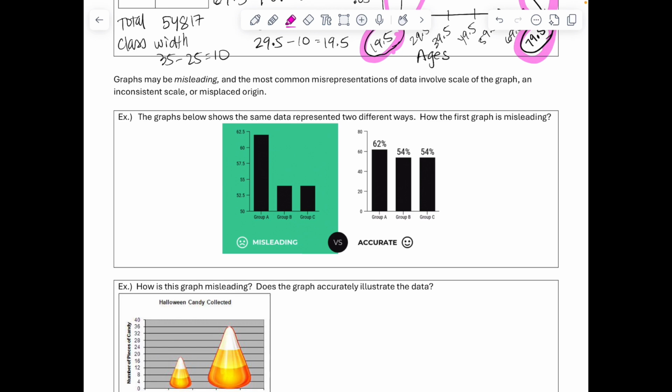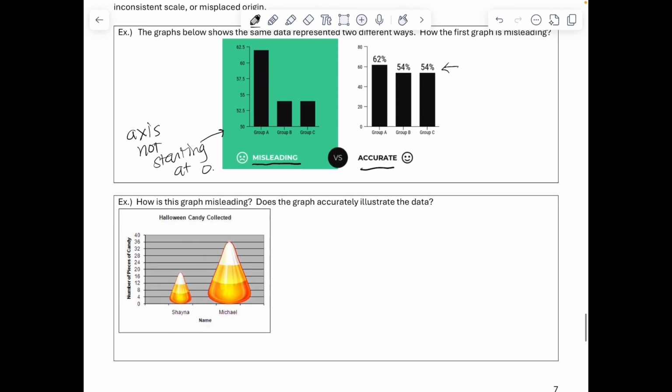So it looks like a drastic drop here between the three different groups that we have, when in fact, if you look at the percentages, they're not that far off. And so this is an accurate representing, and this one is misleading. This one is misleading because the axis is not starting at 0. And so it skews everything to make it look incorrect.